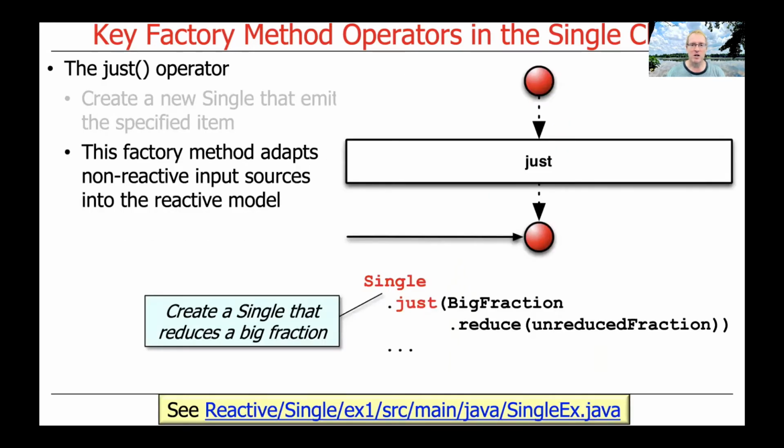This factory method can be used to adapt non-reactive input sources into the overall reactive model. Here's an example that illustrates what it means to be eager. This example will use Single.just to create a Single that reduces a BigFraction. You can see the example when we get to the case study at the end of this lesson.